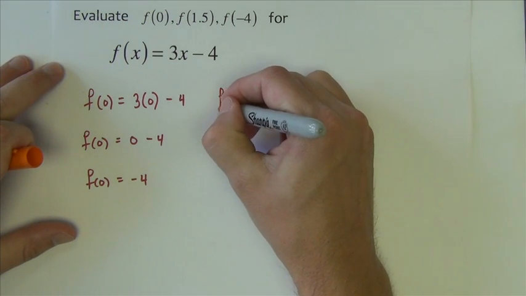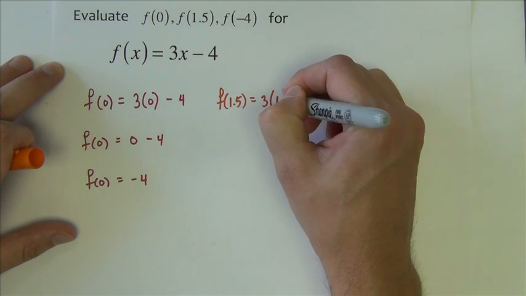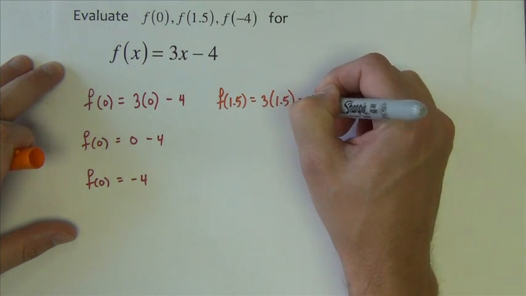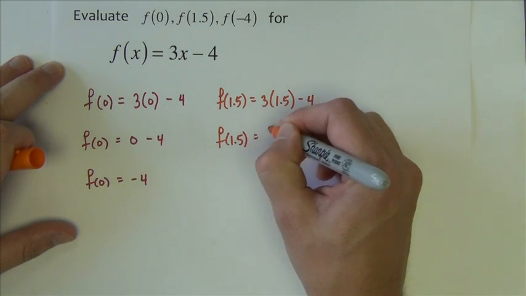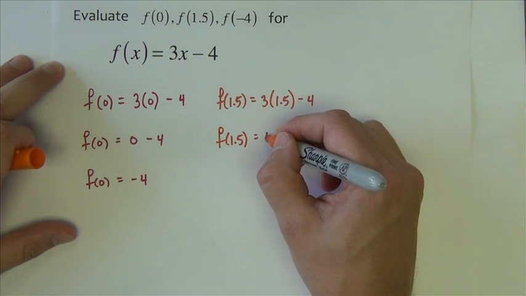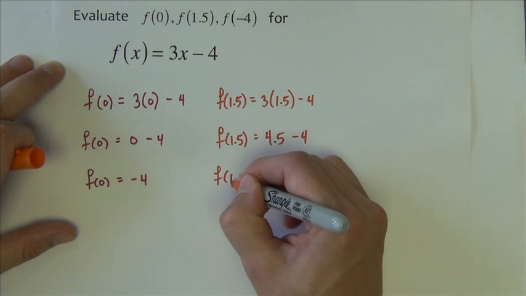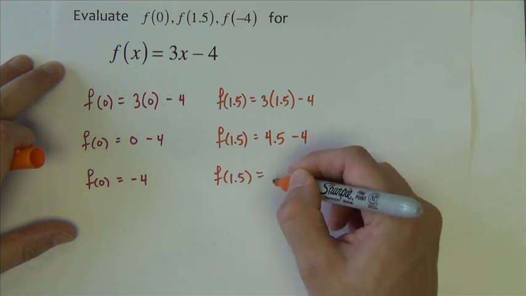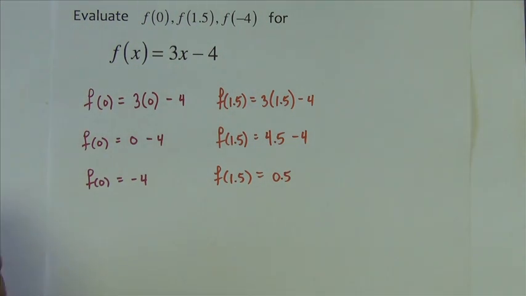I want f of 1.5 equals 3 times 1.5 minus 4. So f of 1.5 equals 3 times 1.5 is 4.5 minus 4. So f of 1.5 is 0.5, half.